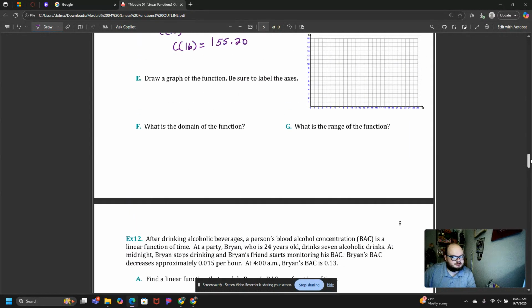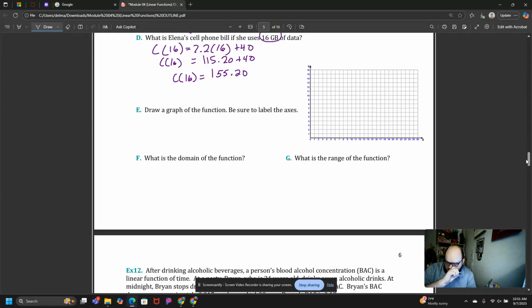Now we can look at the domain. The domain is based on the number of gigs of data that she uses. Well, she can use no data, but at most it said she can use what? 16 gigs. So her data has to be somewhere between 0 gigs and 16 gigs. Well, then what's her range?